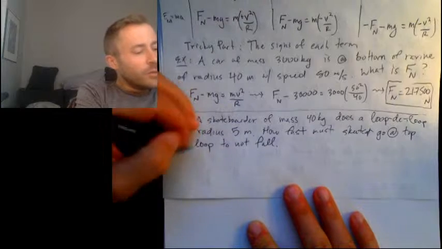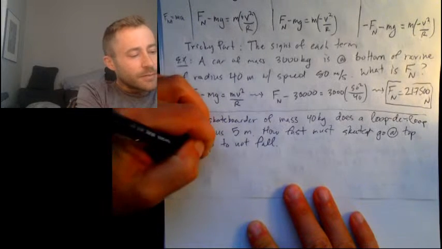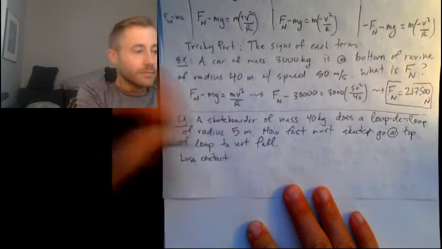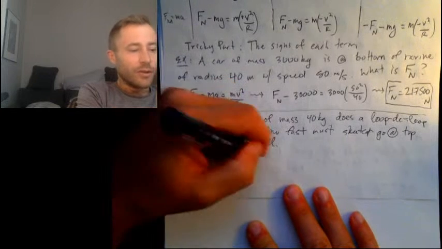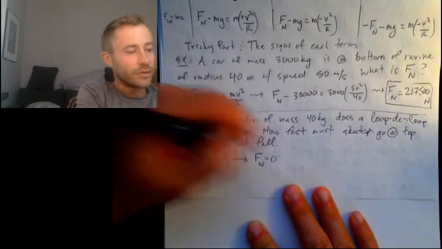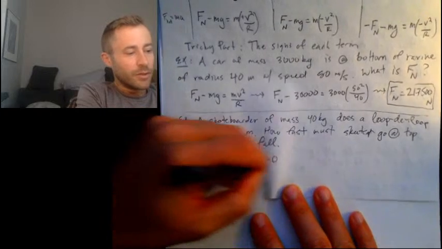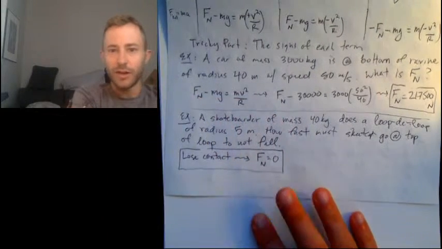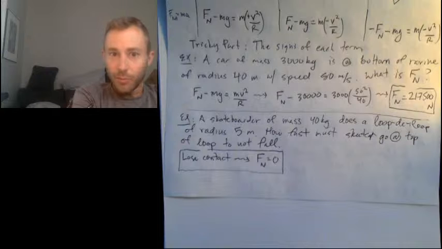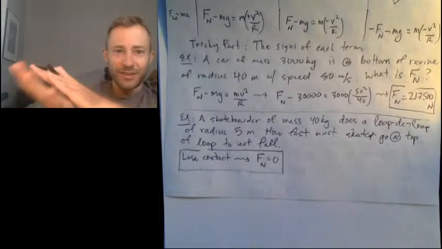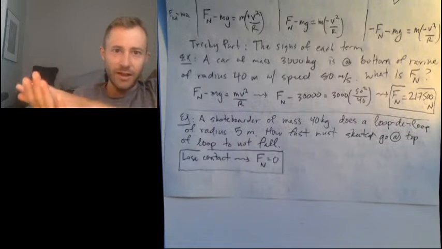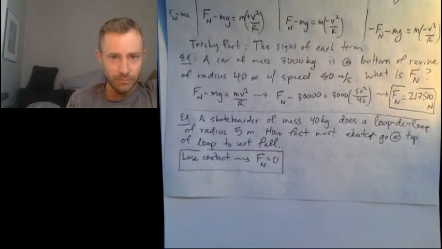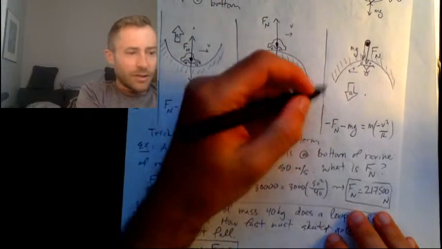So when you lose contact, okay, this implies that the normal force becomes 0. This is really important. If you lose contact, that means the normal force is 0. Why? Because the normal force is the force of contact between two surfaces. So if you're not in contact, there cannot be a normal force. Okay?